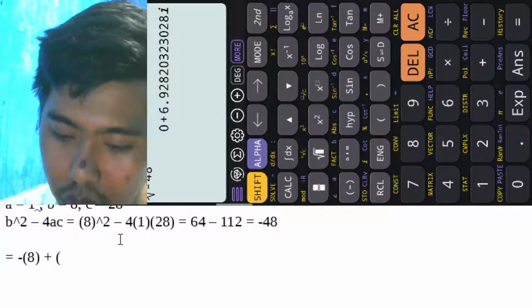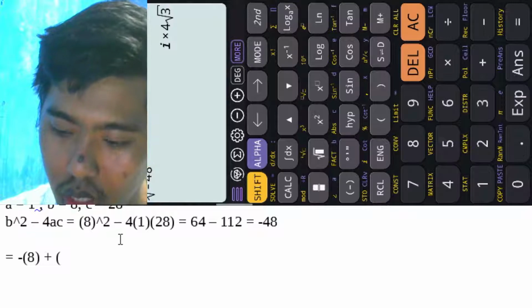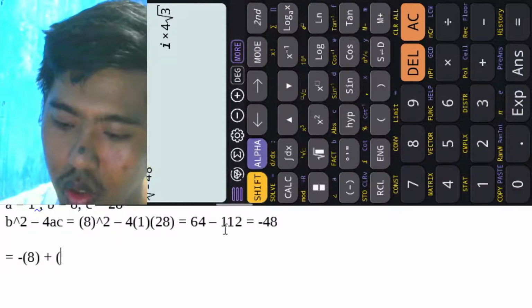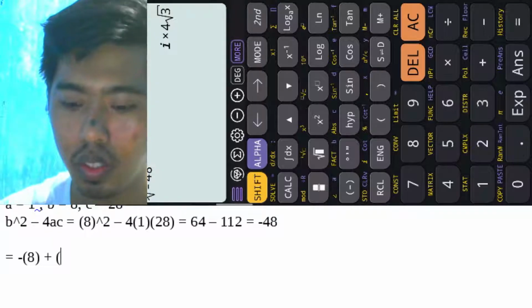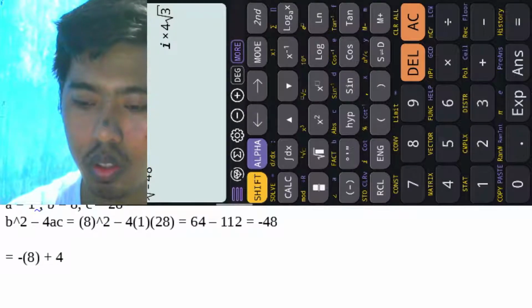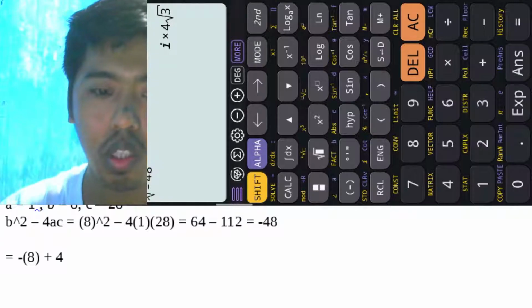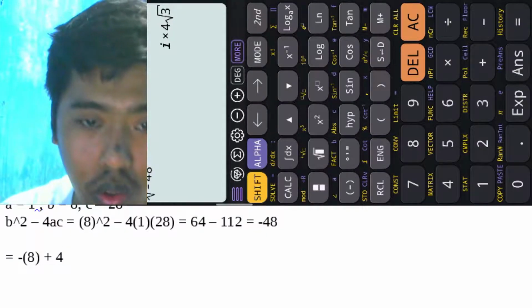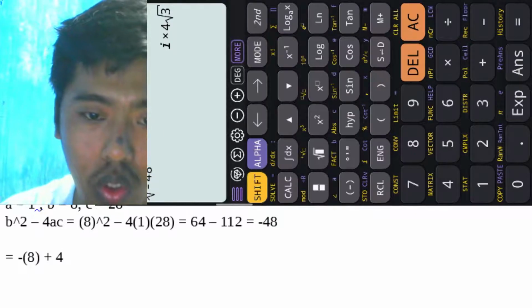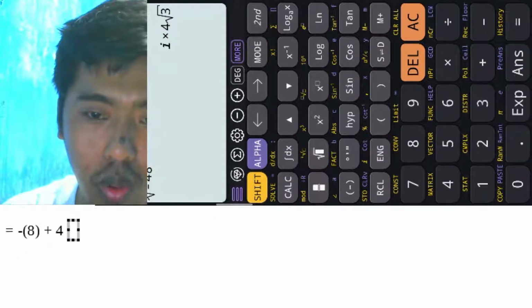So that is an imaginary. Okay, 4 square root of 3 imaginary. So meaning this is 4, square root of imaginary, insert formula.